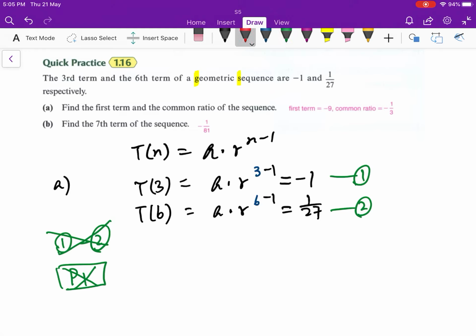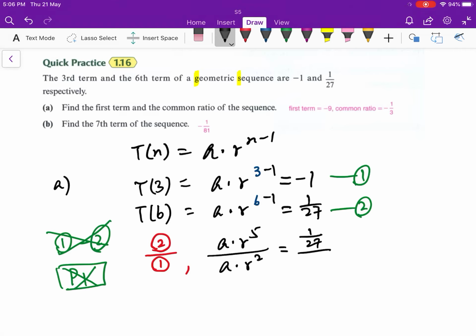So what you need to do is use equation 2 divided by equation 1, then simplify. A times R to the power 5 over A times R to the power 2, equal to 1 over -27 divided by -1. So you can cancel the A and reduce the R power. Then you will have R to the power 3 equal to something, then solve for R.